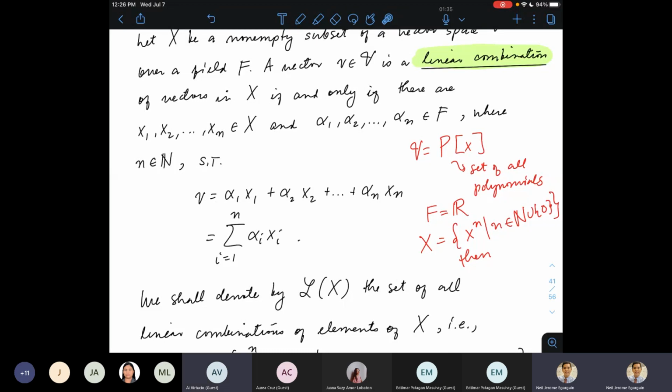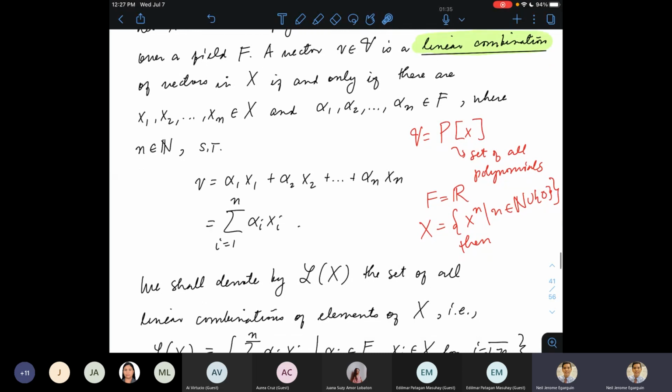Yes. All right. Now, since we had been talking about what are all the possible linear combinations of elements of a non-empty subset X of a vector space, then let's give it a name.